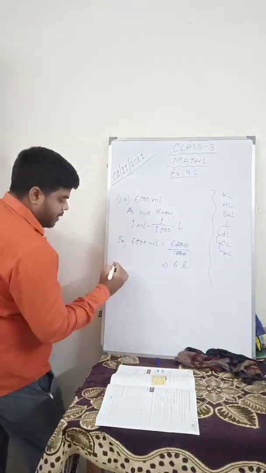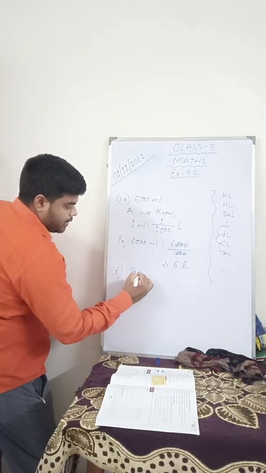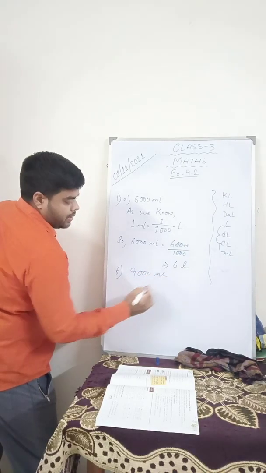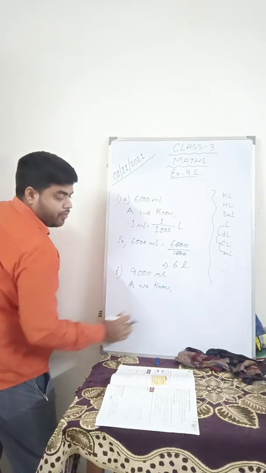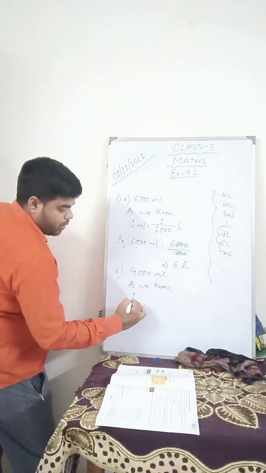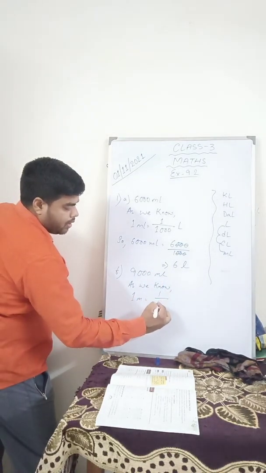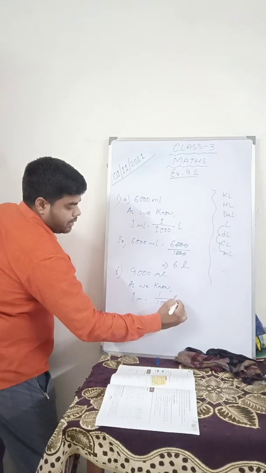Suppose number F, 9,000 milliliter. So again, as we know, what information they have given you? Milliliter. So you will write 1 milliliter is equal to 1 by 1000 liter.